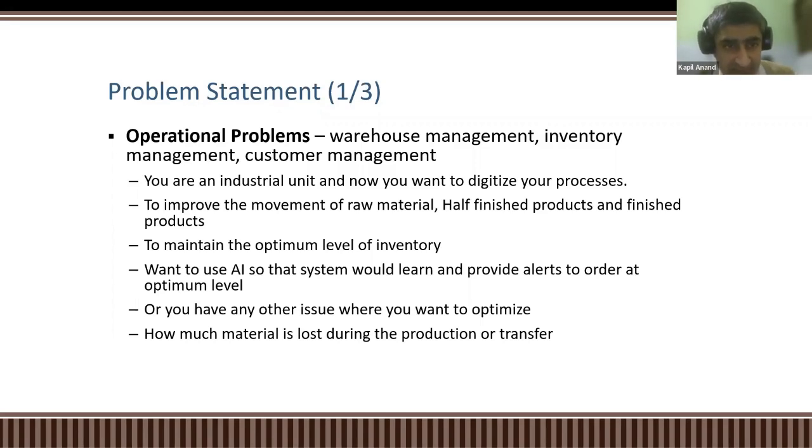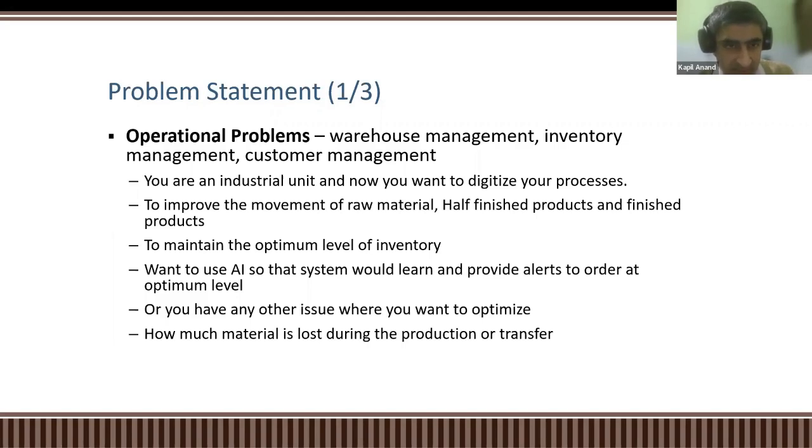So as per this, operational organizations are those organizations where we have inventory, order management, and customer management. If there is a high amount of inventory, then the company is going to lose money due to the cost involved in maintaining that inventory.